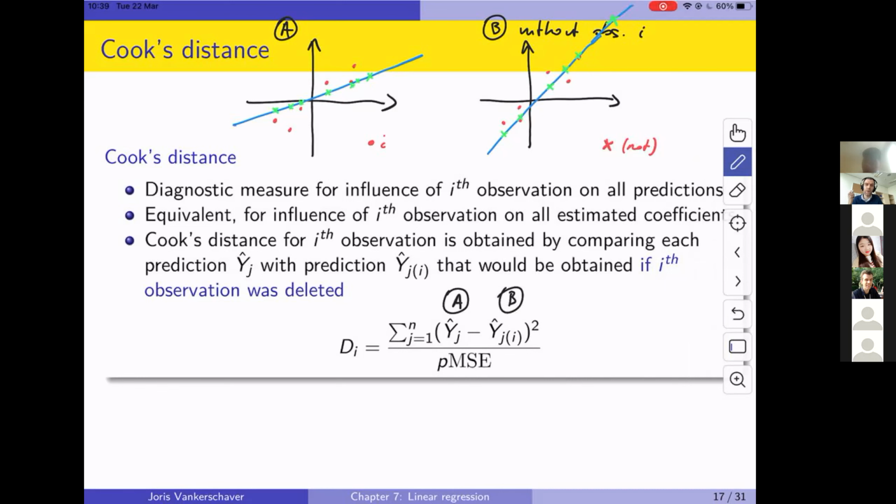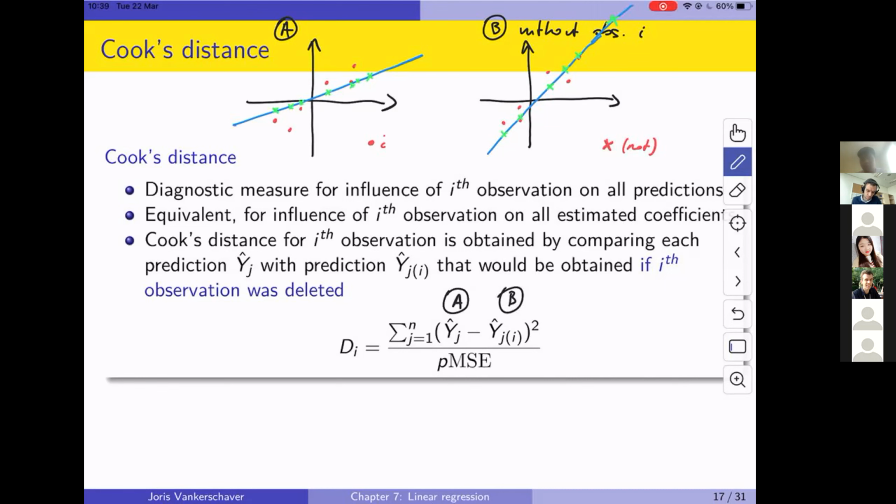And so if observation I does not have a large effect on the regression line, if the regression line doesn't change a lot if we omit observation I, then those differences are going to be small and the numerator is going to be small. If we have a genuine outlier, then the regression line is going to change by a lot. And hence the predictions are going to change by a lot. And those squared differences are also going to be quite big. So your Cook's distance is going to go up by a lot. That's sort of the intuition that goes into things.